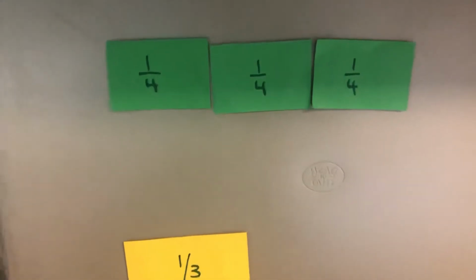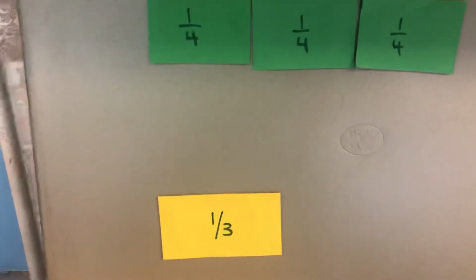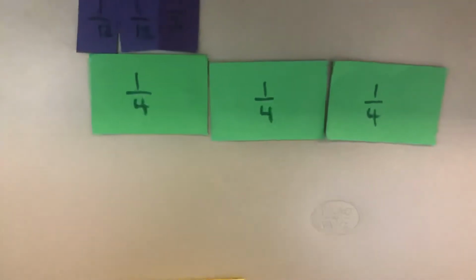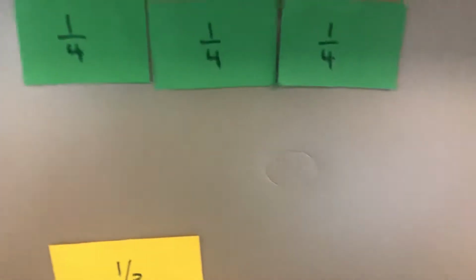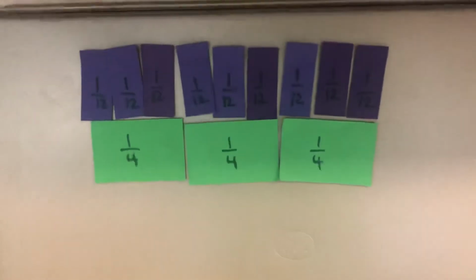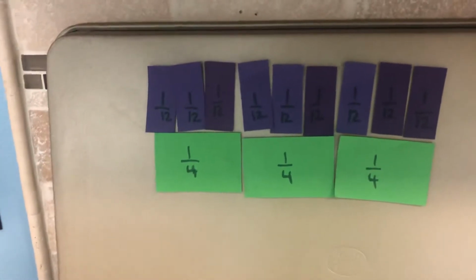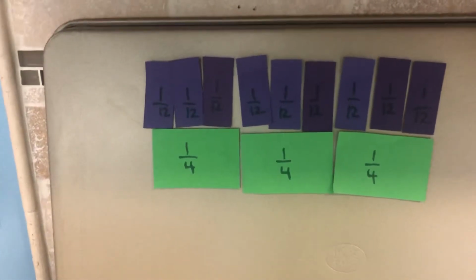It's helpful if you have your students model and compare, and instead of just following the rule, they can see that the size of 9/12 is the same as the size of 3/4.